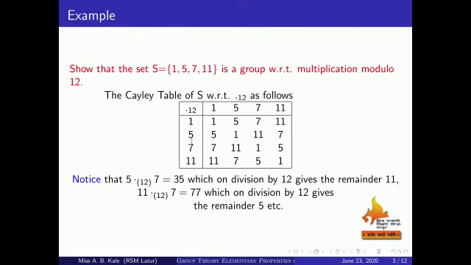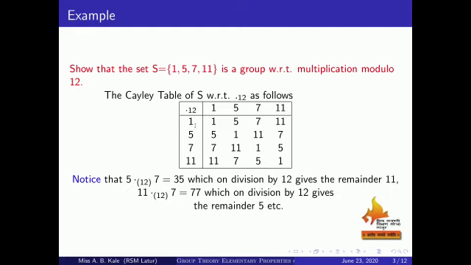Therefore 5 into 7 is 11. Now 11 into 7 is 77, but the multiplication here is multiplication modulo 12. Therefore we divide 77 by 12 and get the remainder 5. Therefore 11 multiplication modulo 12 with 7 is 5.